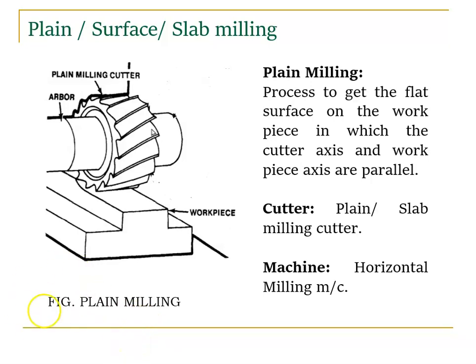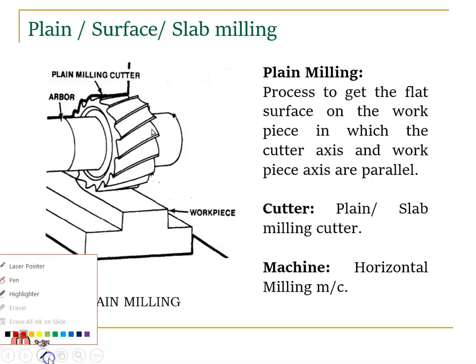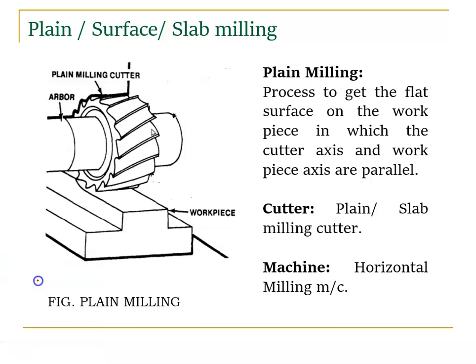But if we look at the axis, the cutter axis, the cutter movement axis, the cutter axis is in this direction, because that is the direction in which we move the cutter. The cutter axis is parallel to the workpiece axis. Both are in the same direction, so it should be parallel. Then we say it's plain milling.